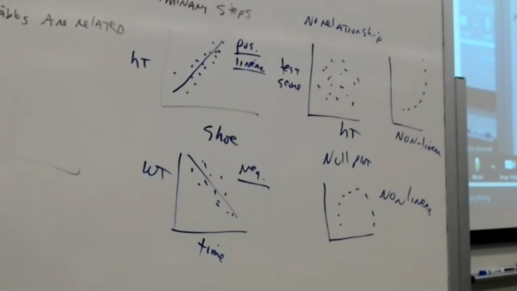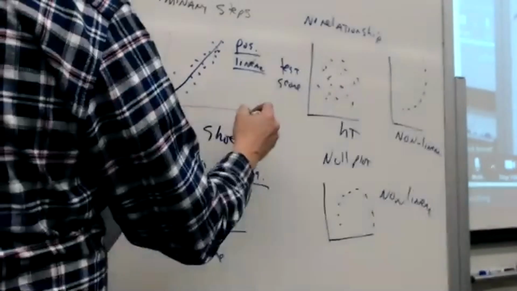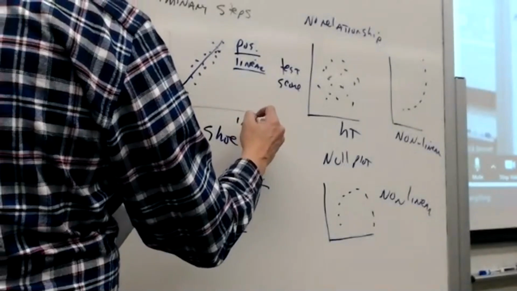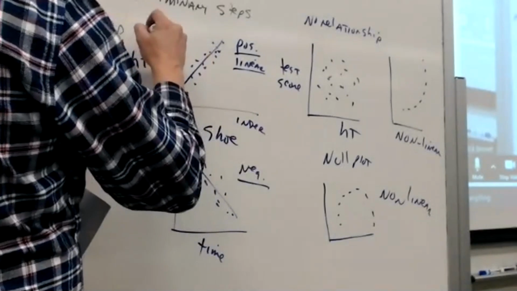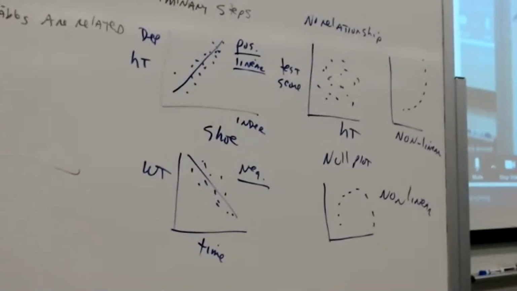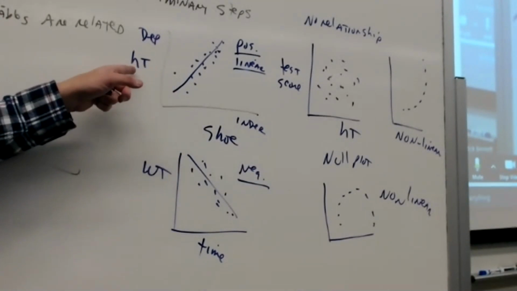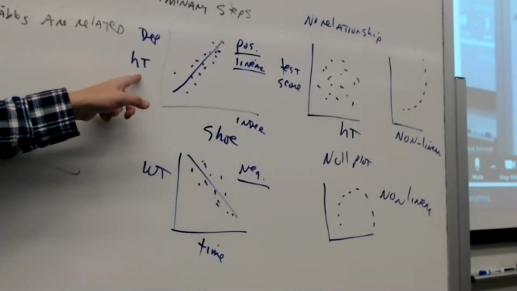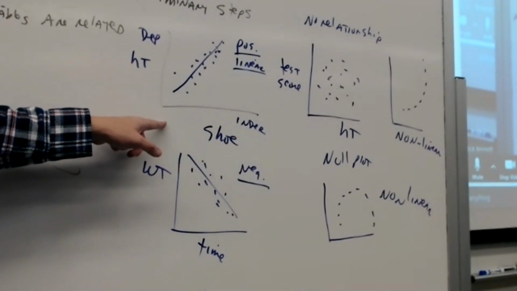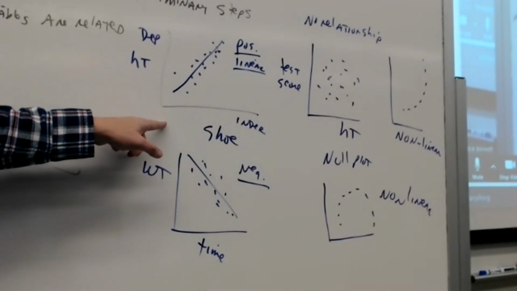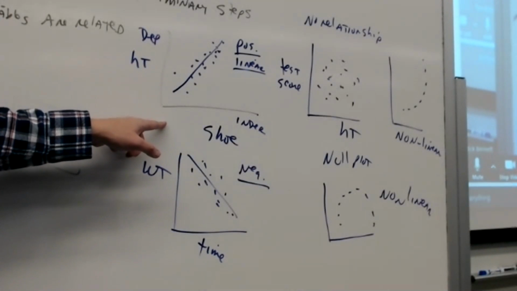Now typically on your x-axis, this is going to be your independent variable, this is going to be your dependent variable. Now sometimes that's a little bit hard to figure out, okay? Does your shoe size affect how tall you are? Or does how tall you are affect your shoe size? You could probably argue that either way, right?